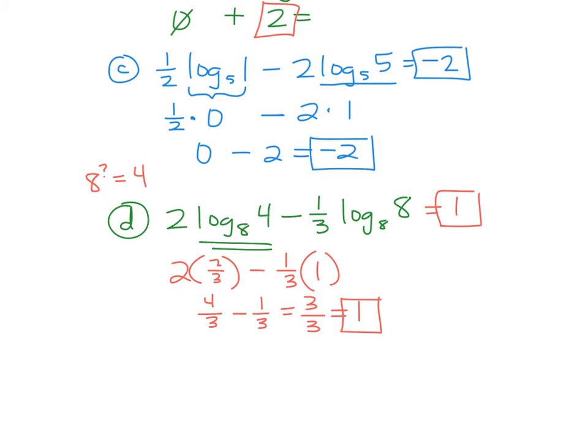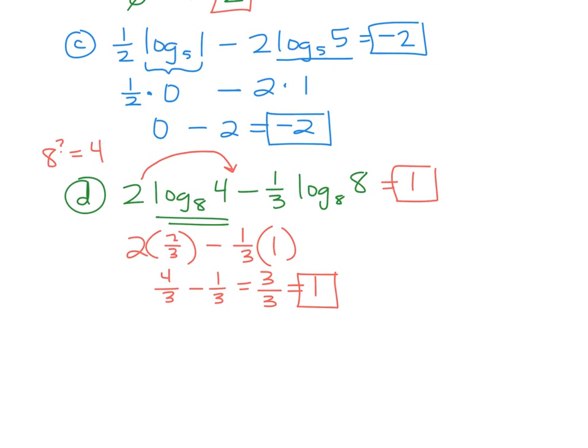Again, not the easiest. You would move the 2 that's out in front to an exponent. So it's going to be log base 8 of 4 squared, over 8 to the 2/3... sorry, 1/3. We're subtracting, so it's division. So we're going to divide.